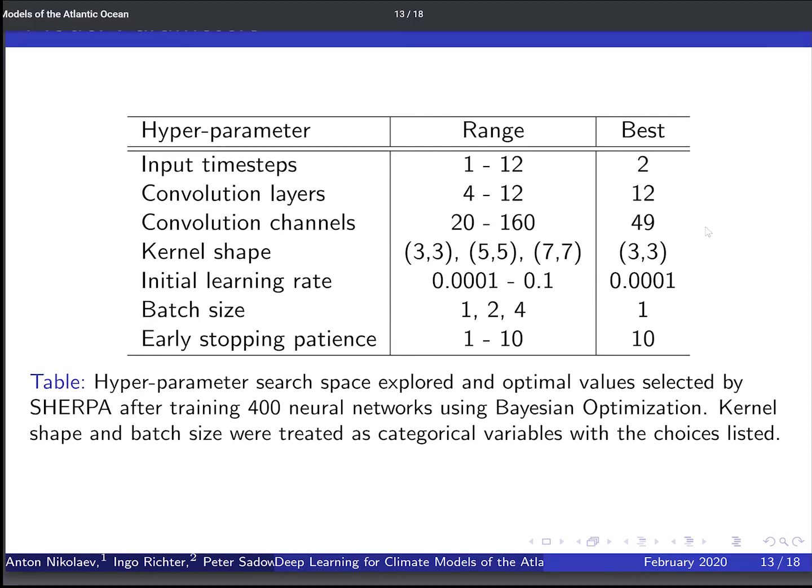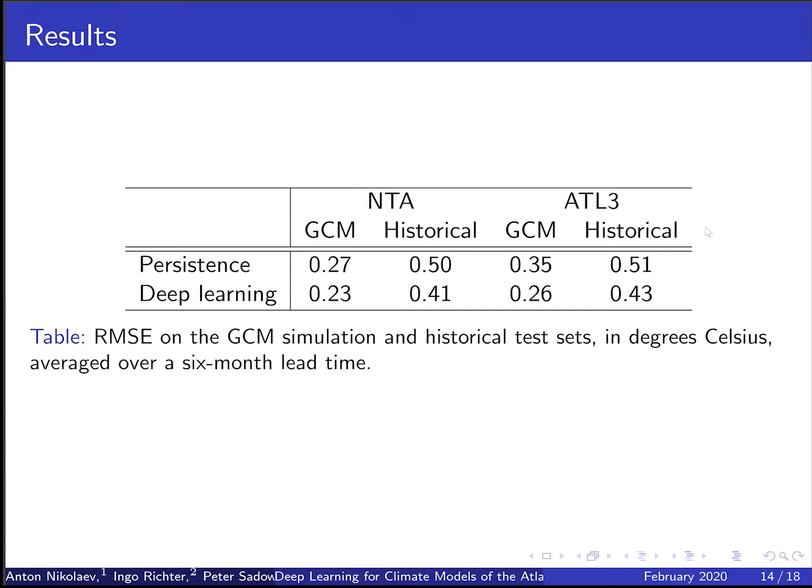And as a result, for the regions of interest, our model performs significantly better than the persistence model, the simplest model, averaging over 6 months.